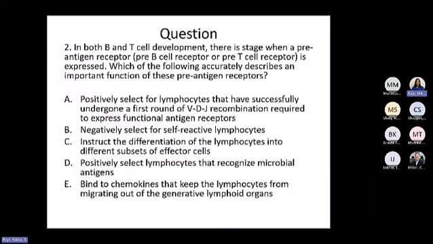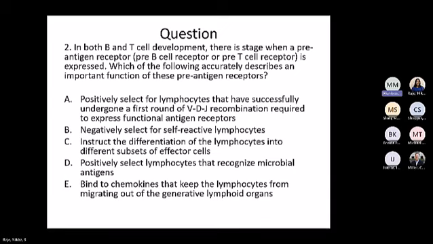In both B and T cell development, there is a stage when a pre-BCR or pre-TCR is expressed. What describes the important function of pre-antigen receptors? What's the function of pre-BCR or pre-TCR?